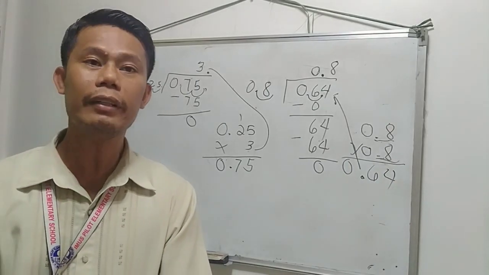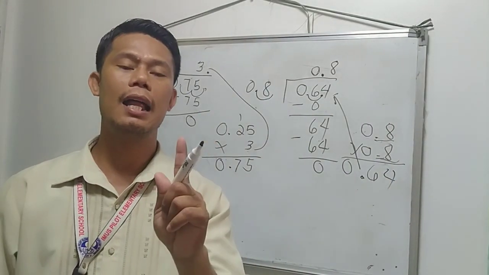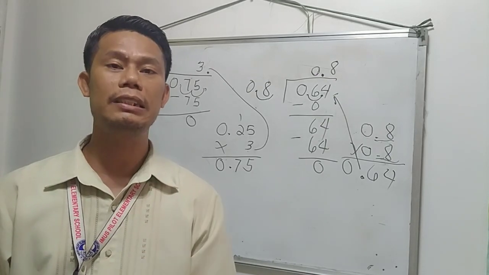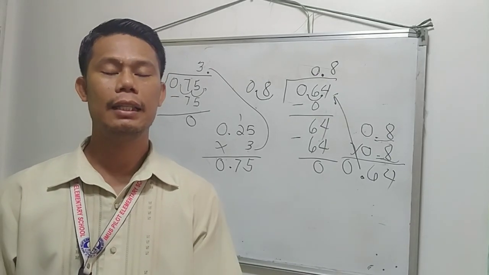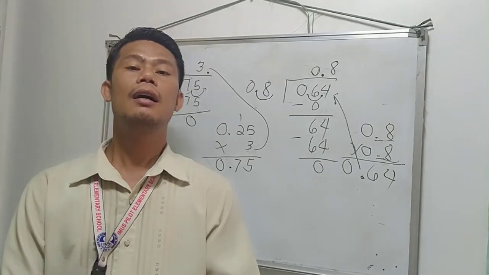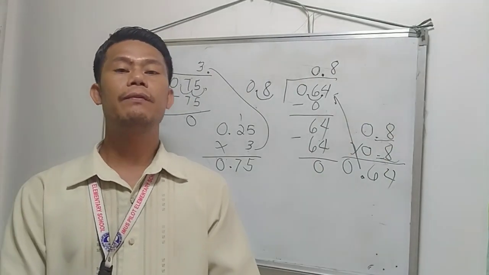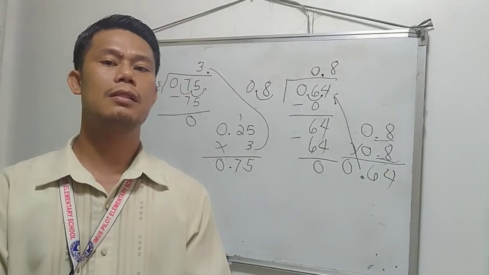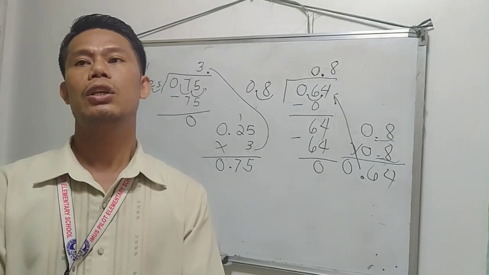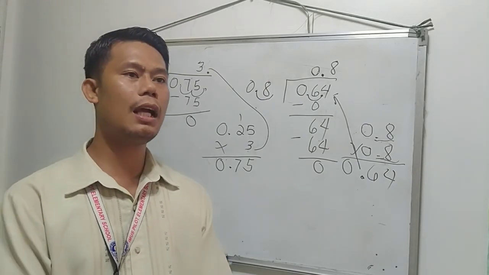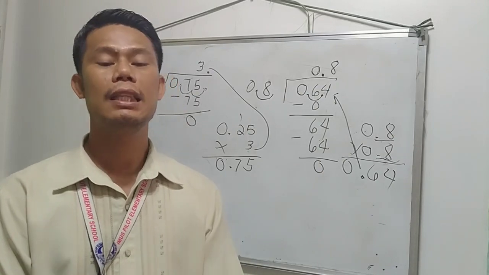Is that clear? So that is our lesson 1, dividing a decimal number by another decimal number. And again, you're going to take note that you cannot divide if your divisor is in decimal form. Since the rule is, you're going to make it a whole number. So, lagi naka-whole number dapat si divisor.